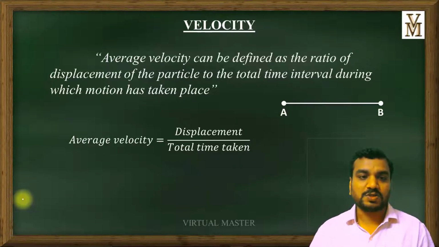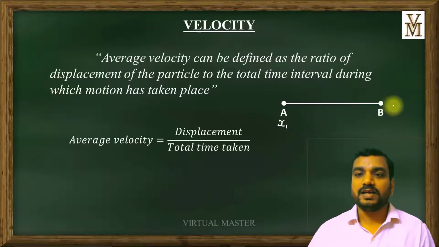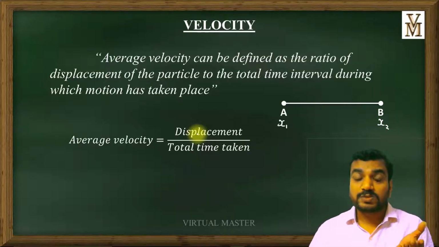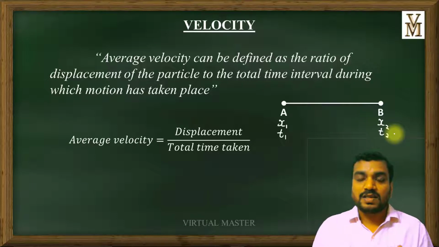Let us assume that we have an object which will be moving from point A to point B. Let us assume x1 is the position of point A and x2 is the position of point B, and the object starts from point A at time t1 seconds and it reaches point B at t2 seconds. Now what is displacement? Displacement is nothing but the change in the position, isn't it?